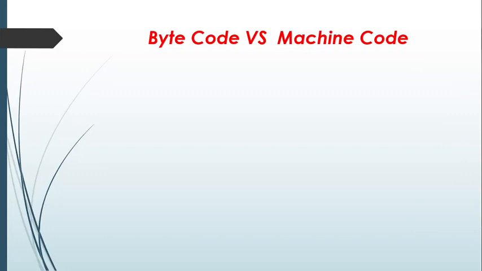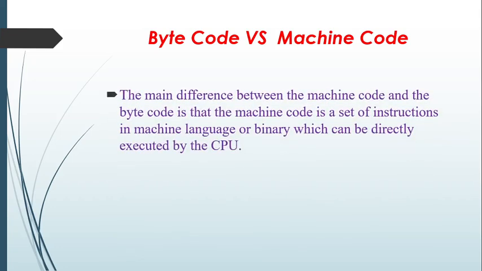Here is the difference between bytecode and machine code. The main difference is that machine code is a set of instructions in machine language or binary which can be directly executed by the CPU.